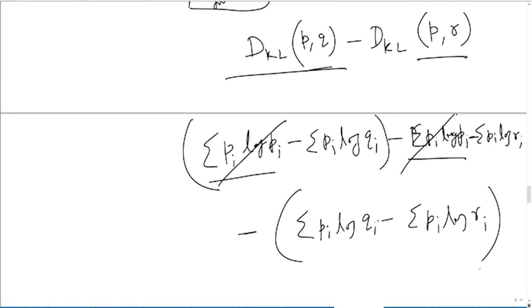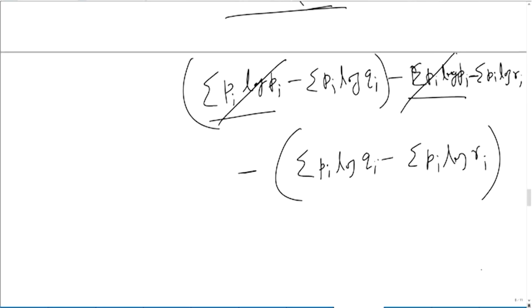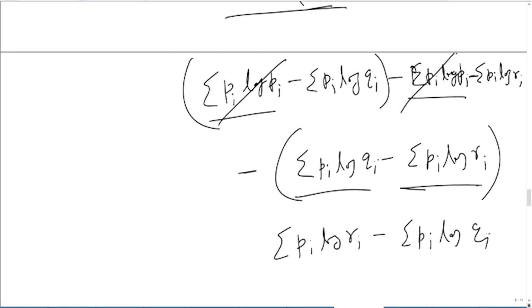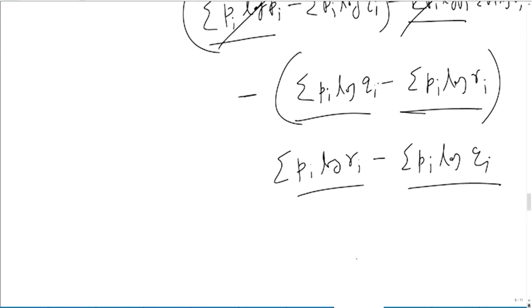So this is the relative distance of model Q from the truth relative to model R. Okay, so we just need to compute this term, right? If you want to write it in a different way, then you can write it like this, log R_i minus P_i log Q_i. So this will give us the relative distance of Q from the truth with respect to R. Okay? How close is Q to the truth compared to R, right?